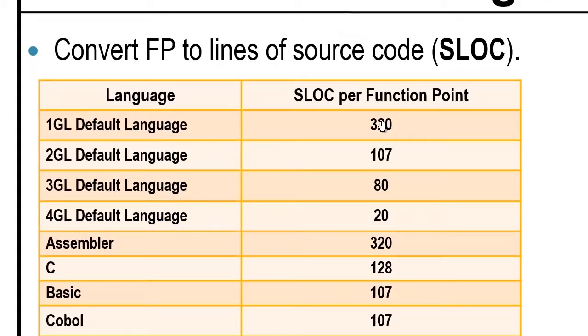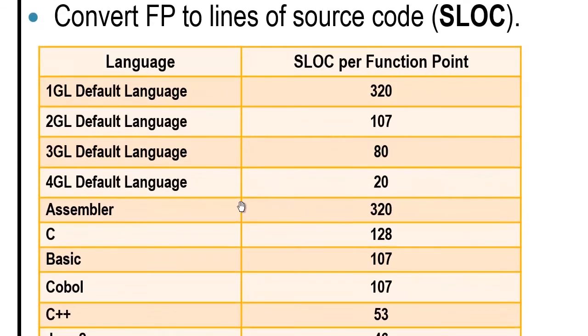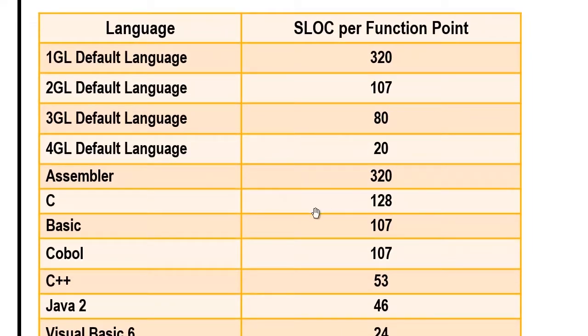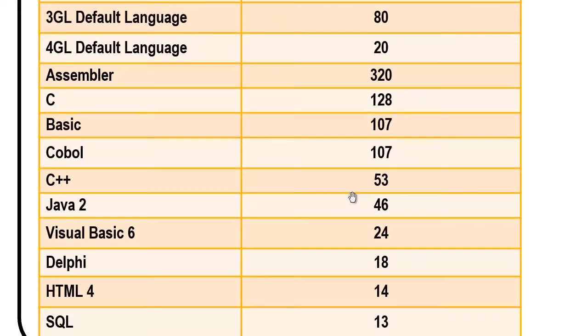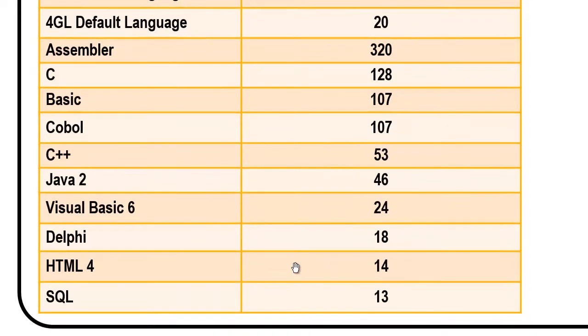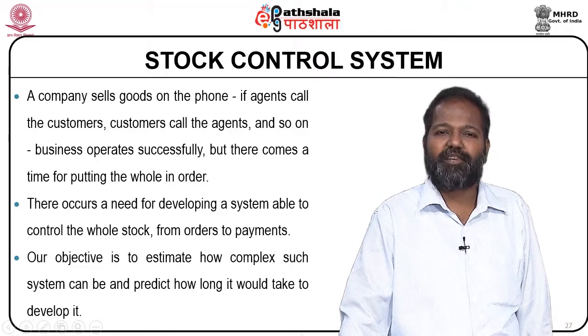Language, lines of code per function point: first generation default language 320, second generation default language 107, third generation default language 80, 4GL 20, assembler 320, C language 128, Basic 107, COBOL 107, C++ 53, Java 2 46, Visual Basic 6 24, Delphi 18, HTML4 14, SQL 13.